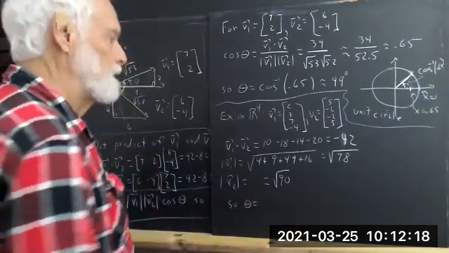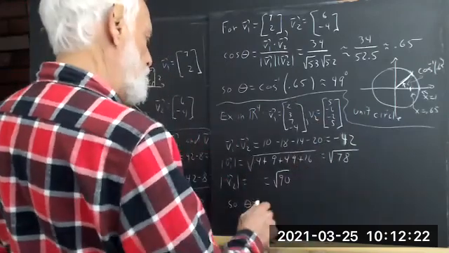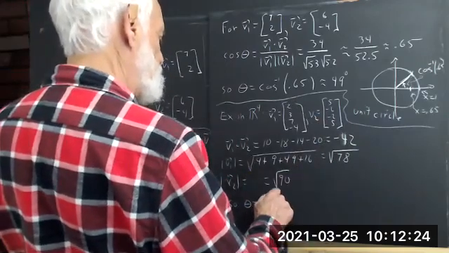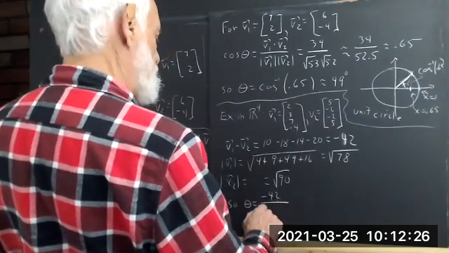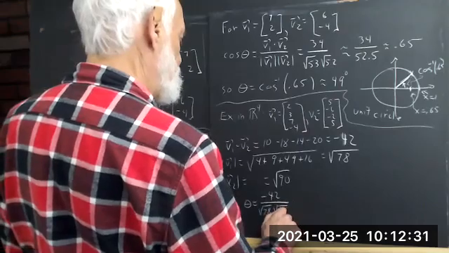So the angle is, I'm not going to write out the formula, but it's V1 dot V2, which is negative 42, over the square root of 78 times the square root of 90.